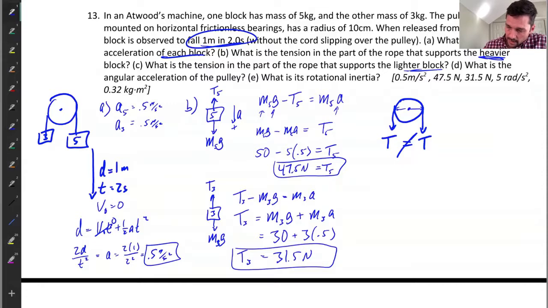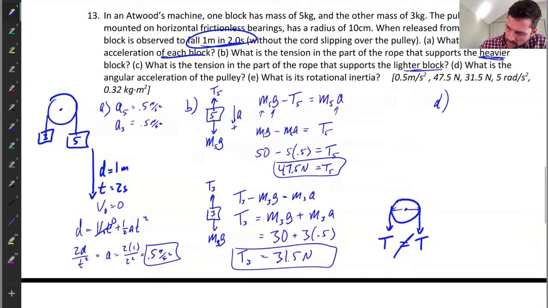So what is the angular acceleration of the pulley? This is part D. Arguably this could have waited a moment, but because the string is not slipping, the pulley is accelerating with the string.